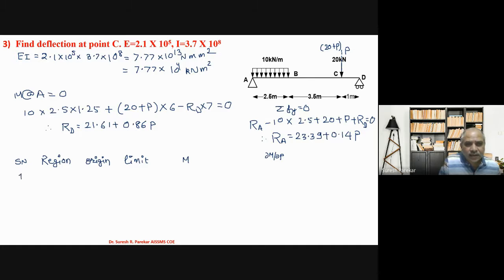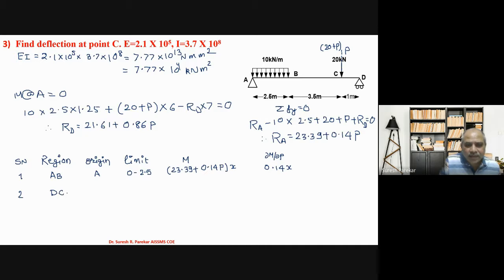First region is AB, origin is A, limit 0 to 2.5, M is RA, which is 23.39 plus 0.14P into X, and we get dM by dP as 0.14X.